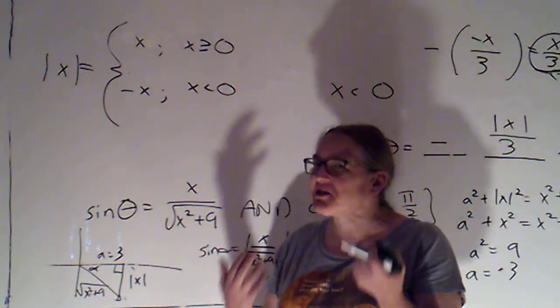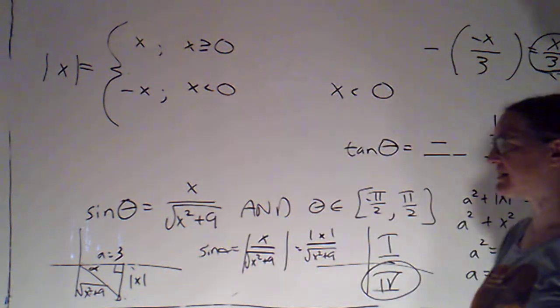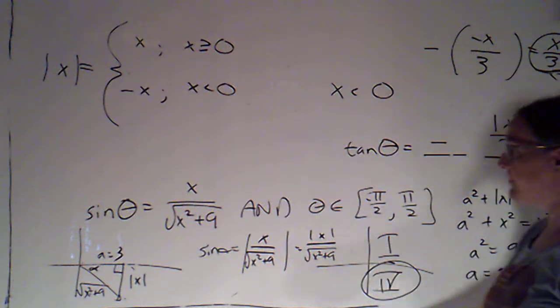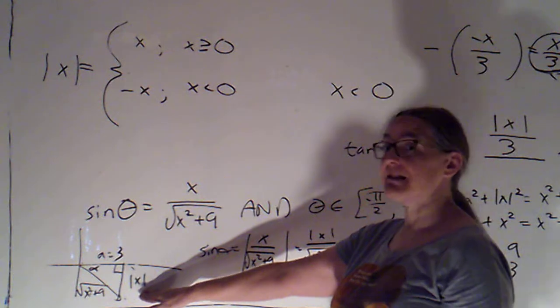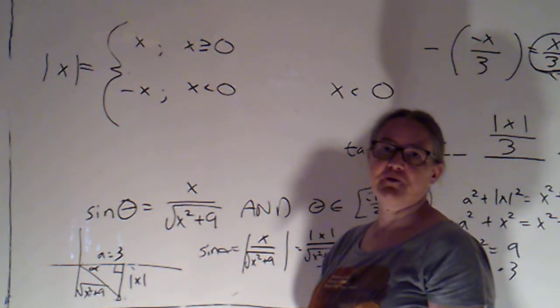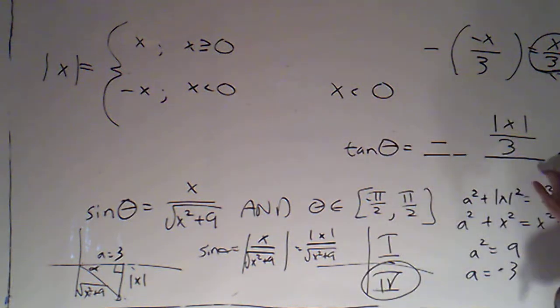So I don't want to assume that things are going to work out nicely. I always play it safe and say I'm going to label side lengths as positive numbers, and I'll just deal with the absolute value. Okay, excellent.